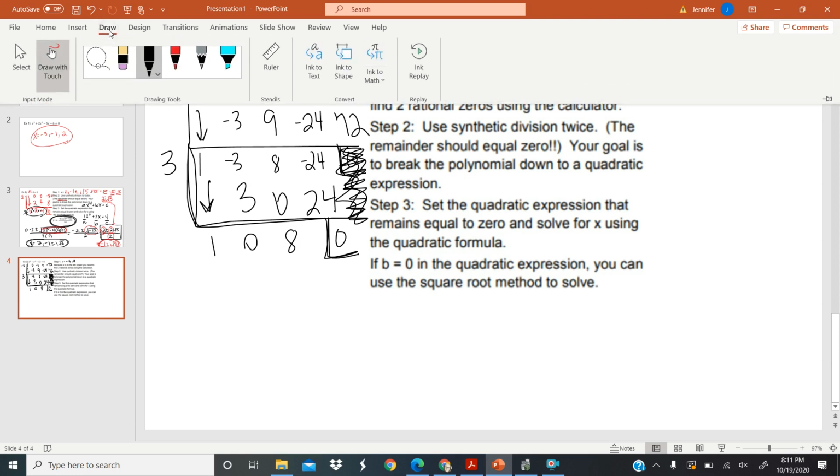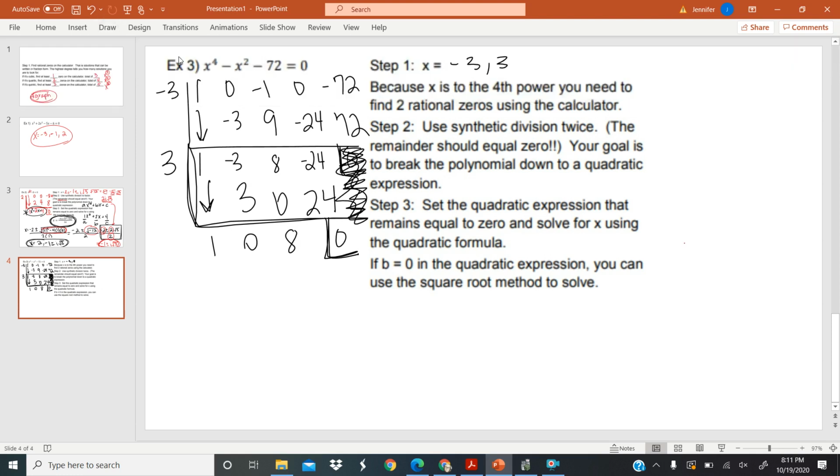So now I'm going to go back, and I started with an x to the 4th term. When I divided by x equals negative 3, I started with an x to the 3rd term, but I divided by x equals 3, and so now we have 1x squared plus 0x plus 8.